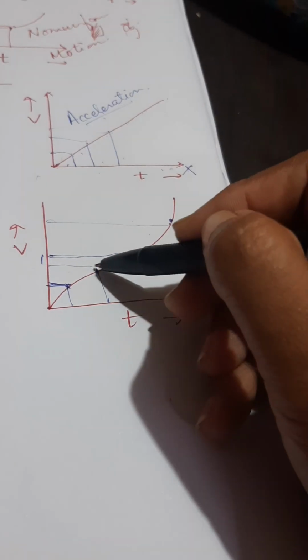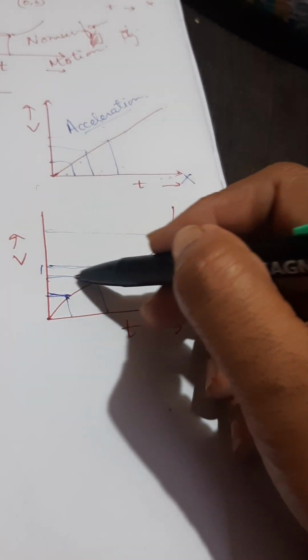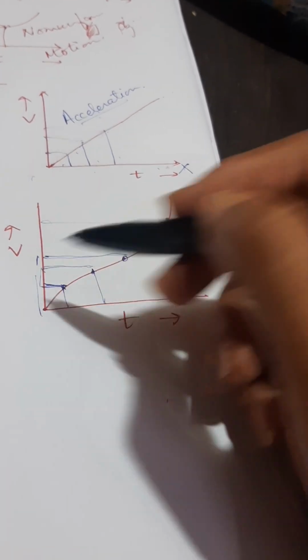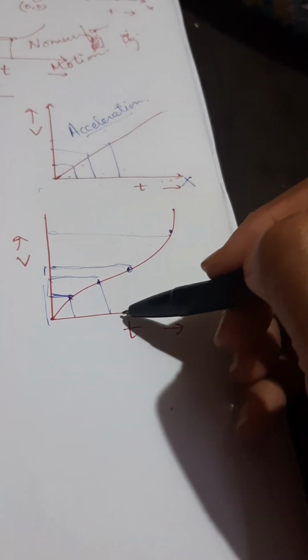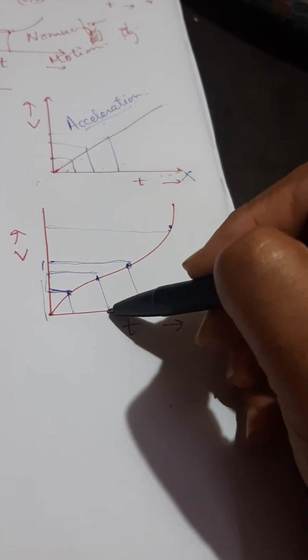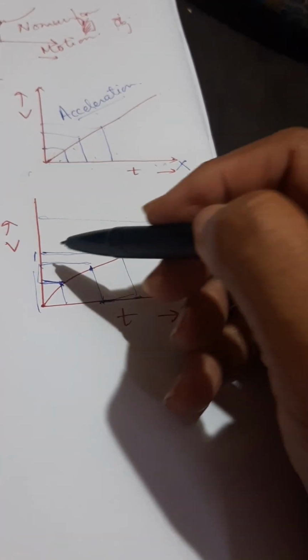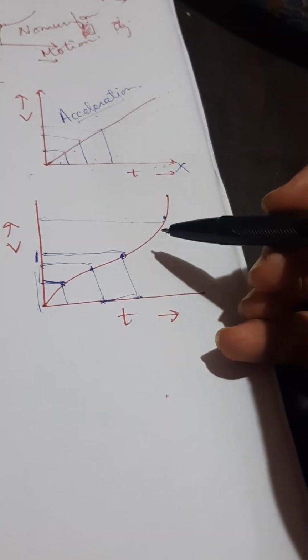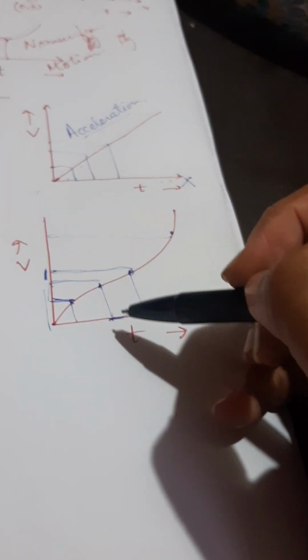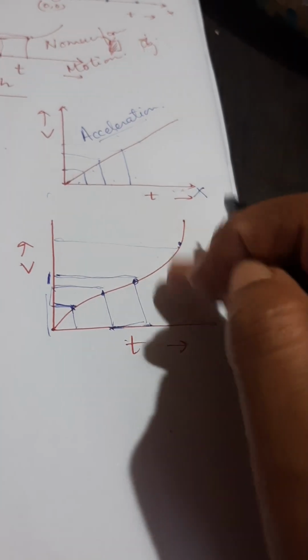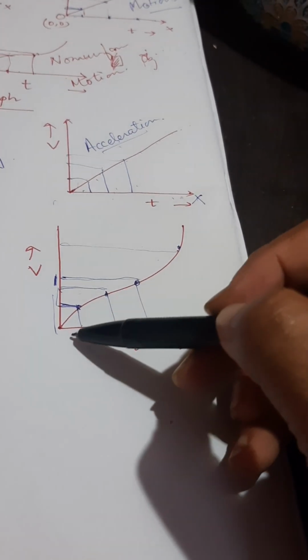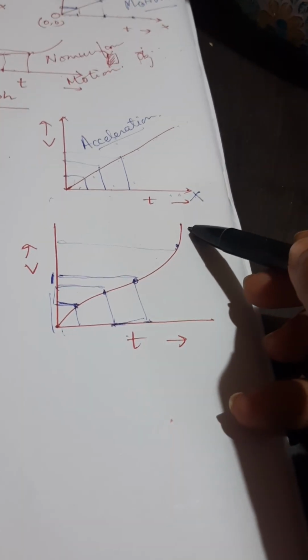Here is also a certain change in velocity. Compared to these two changes in velocity, we find here, with the same change in time interval, the change of velocity is smaller. So, this suggests that the acceleration is not uniform.